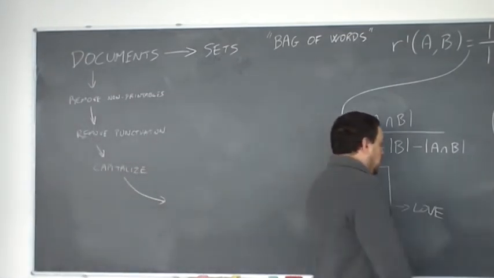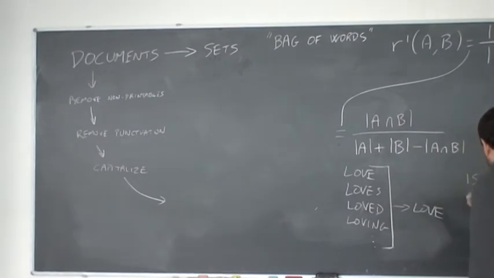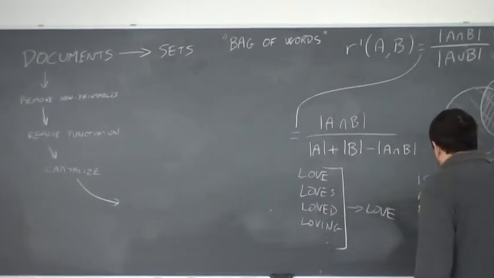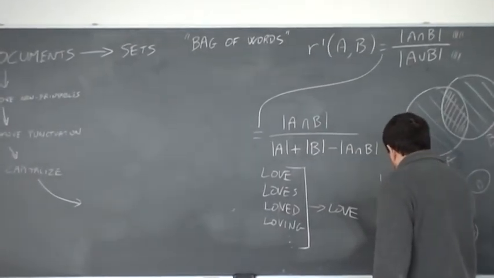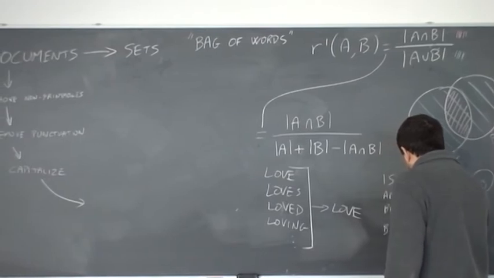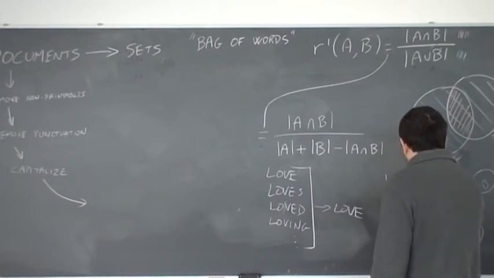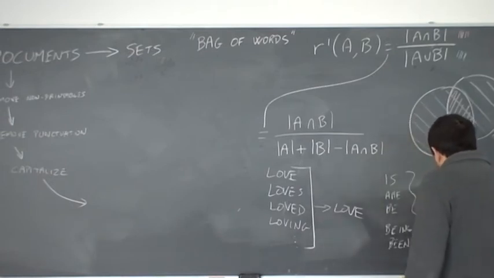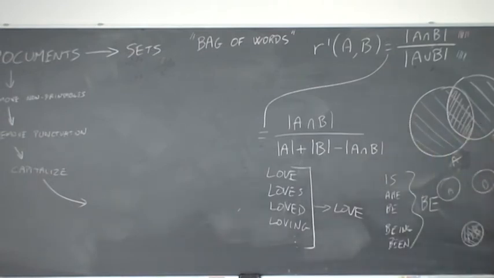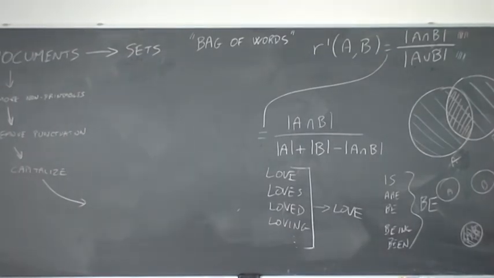Or all the forms of the verb to be: is, are, be, being, and so on. All of this will be collapsed to a common form, be.